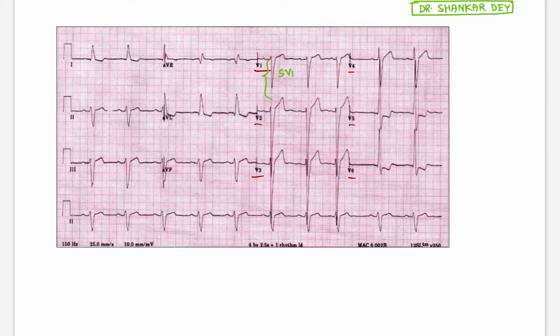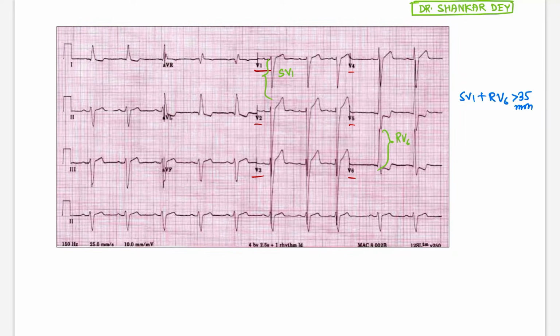And see, this wave is also large, meaning RV6 is also large. As I have told you, whenever SV1 plus RV6 is more than 35 millimeter, this is left ventricular hypertrophy.